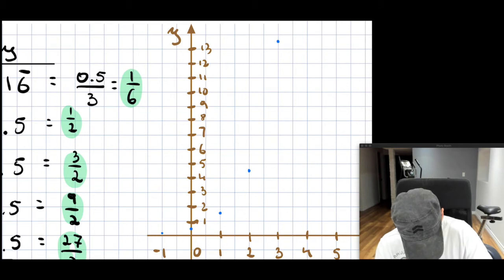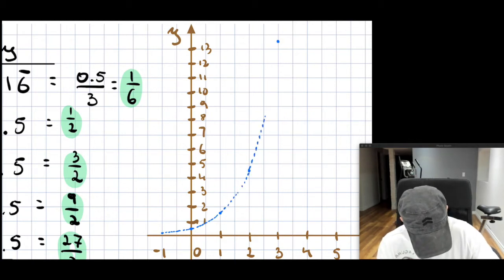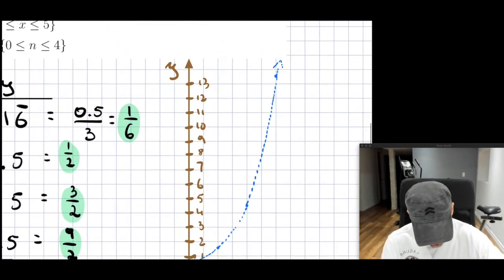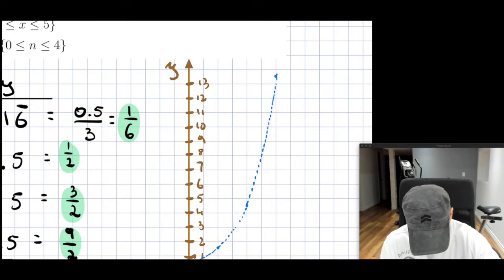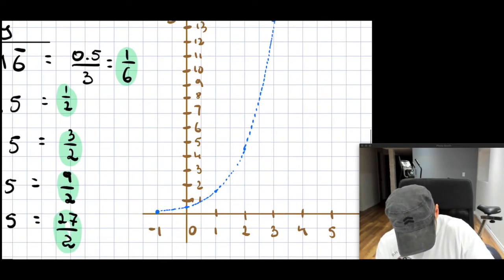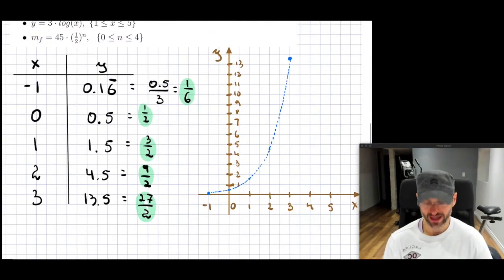So this relationship starts to go like this, and now it's really blowing up here. It continues on, but we have a restriction. Because of the restriction, I'm going to stop it right there. So it's from there to there. That is it, that's what I have.